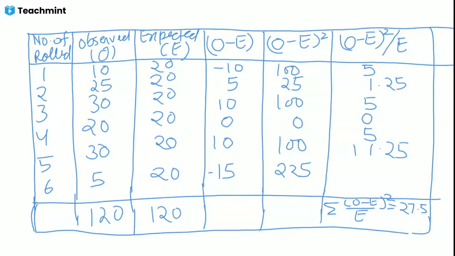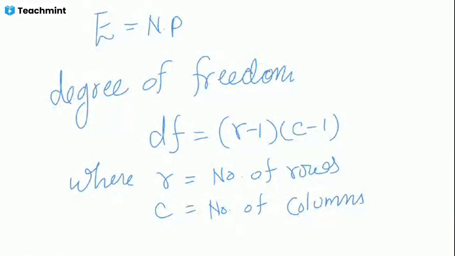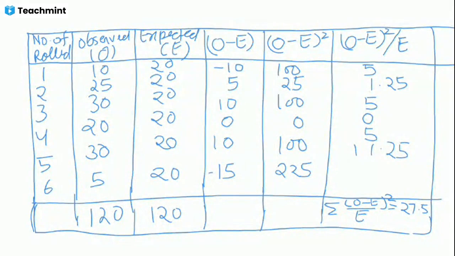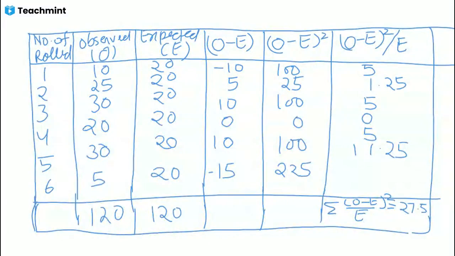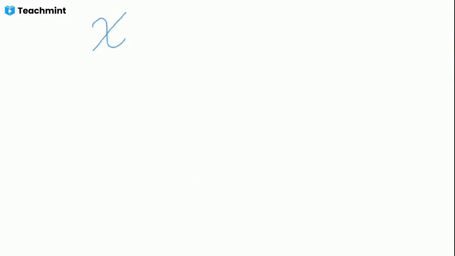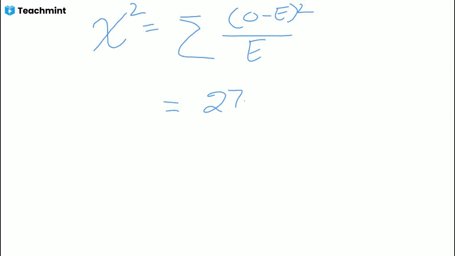So chi-square test, as we have done in the formula, is equal to summation of O minus E whole square over E, and that is equal to 27.5.